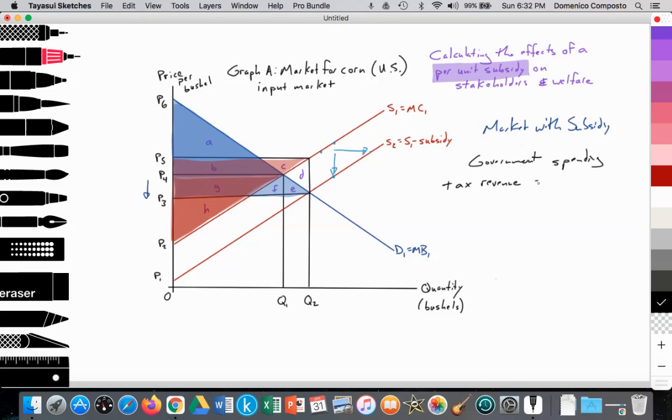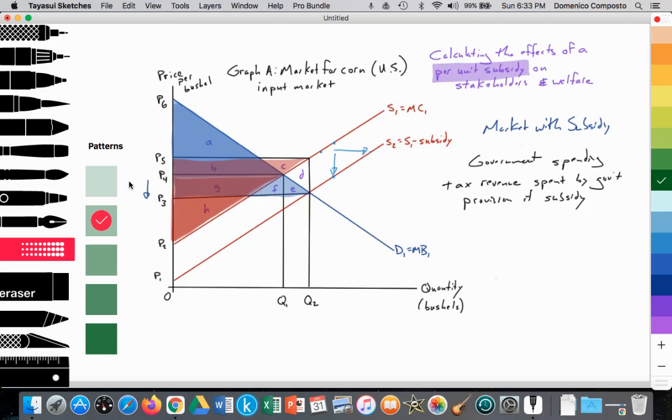So tax revenue spent by the government on the provision of this subsidy to corn farmers in this case, right? So you might be asked, how much money is the government spending, or how much tax revenue is being spent by the government in providing this subsidy? So that will be areas, let's use green.